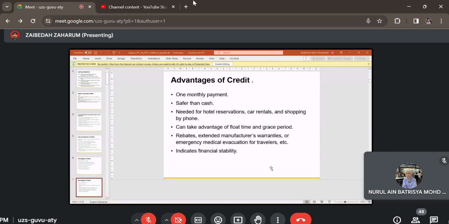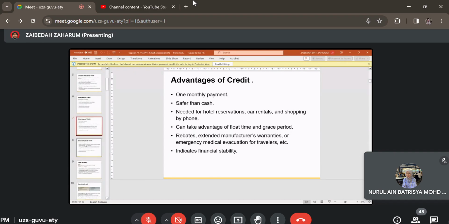Okay, bila you buat pembayaran on your credit card tadi lah on time, you tak pernah skip, tak pernah lewat, maknanya you create a good credit history, then it will be benefit lah to the card holder tadi lah, bila dia nak apply loan ke, nak apply mortgage loan ke, housing loan ke, so dia punya credit history dia bagus, so memudahkan lah dia memperolehi pinjaman-pinjaman yang lain.